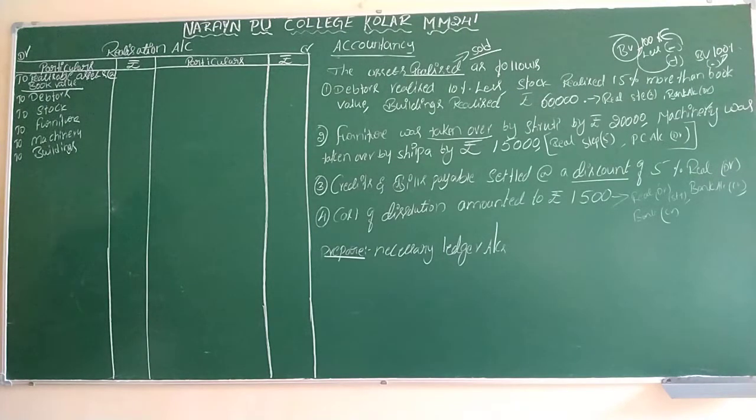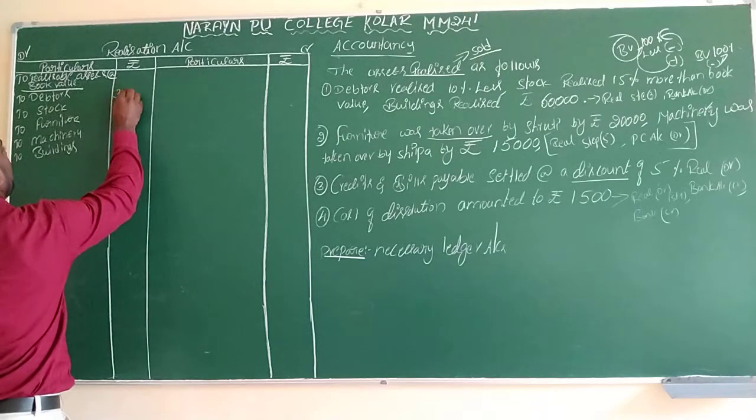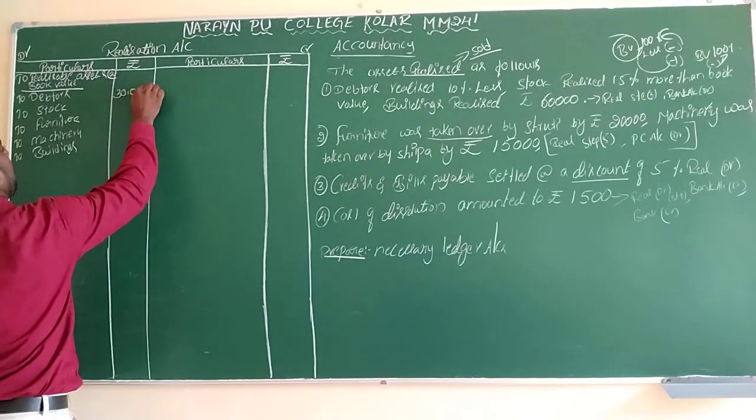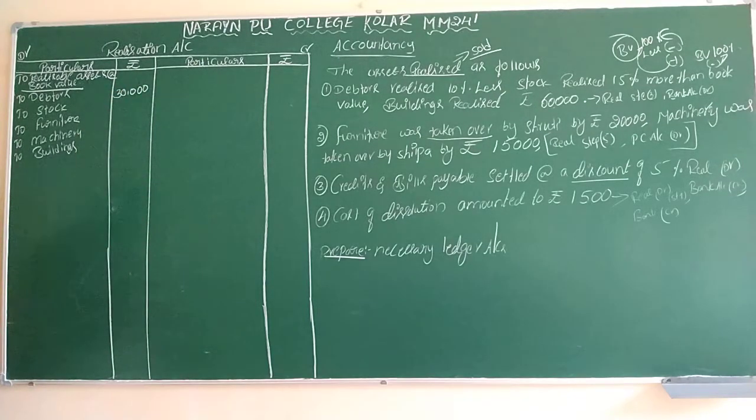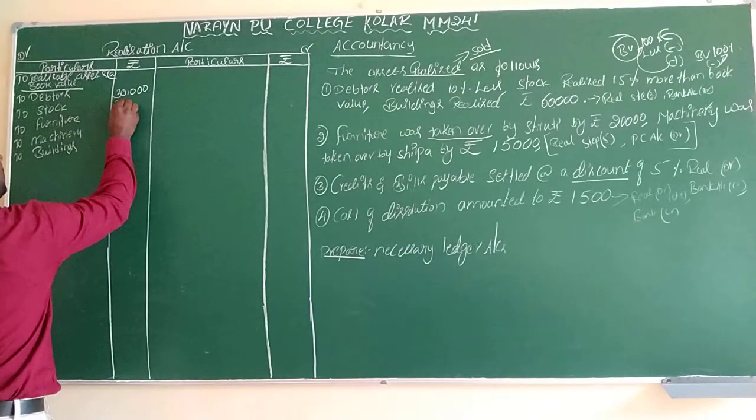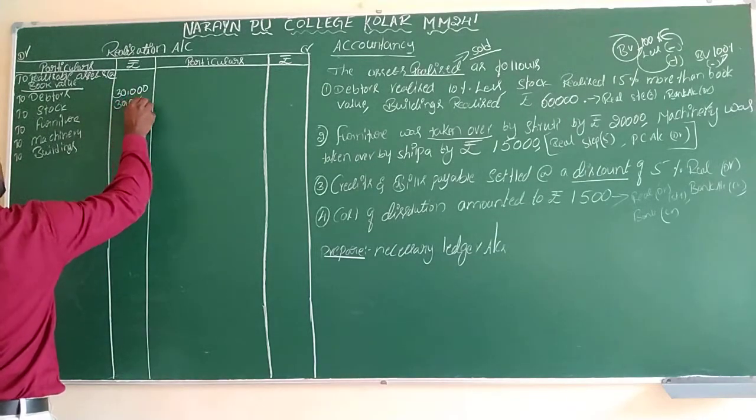The value of debtors is given as 30,000, so we write 30,000 directly in the amount column. After that, the stock value is also 30,000 in the previous balance sheet.